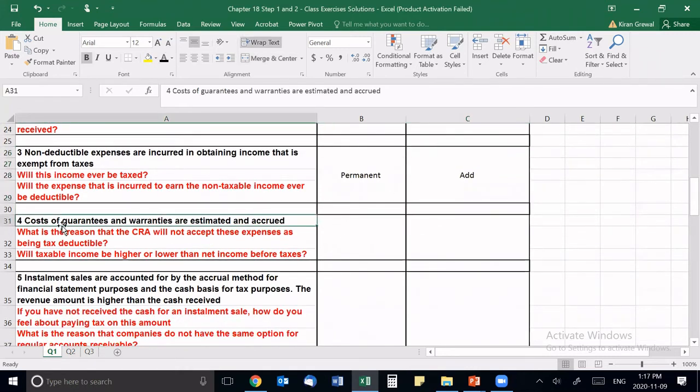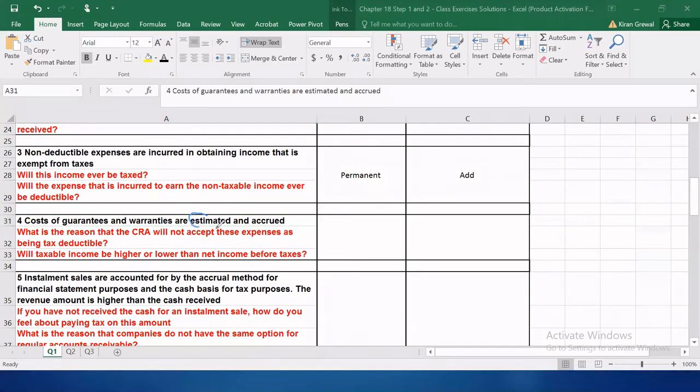Next one, cost of guarantees and warranties are estimated and accrued. Okay. So estimated, tax doesn't like estimates, right? So estimated and accrued, for tax purposes, they don't like things that are estimated, but eventually they will. So eventually, for tax purposes, when this is actually paid, you can record it for tax.